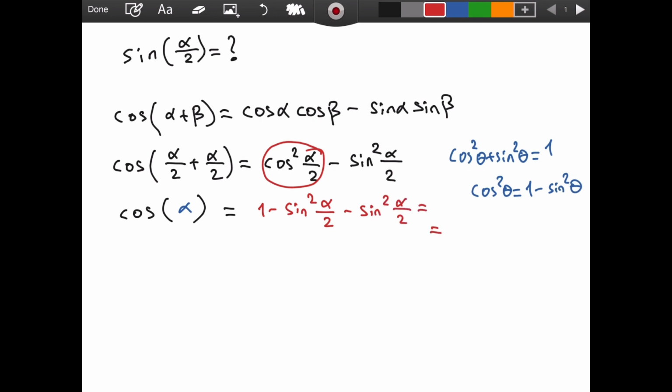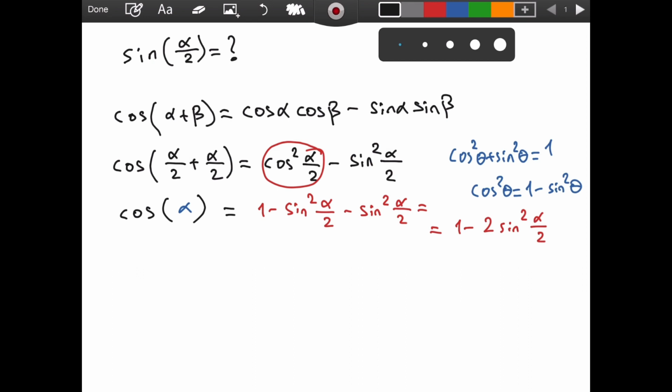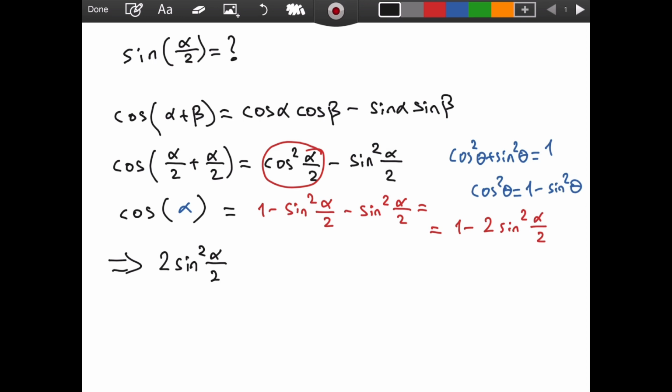And of course, if we combine the last two terms, we get 1 minus 2 sine squared of alpha over 2. And look at this. We are able to solve for sine of alpha over 2. And let's do that. So if we add 2 sine squared of alpha over 2 to both sides and subtract cosine of alpha, we will get 2 sine squared alpha over 2 is equal to 1 minus cosine of alpha.